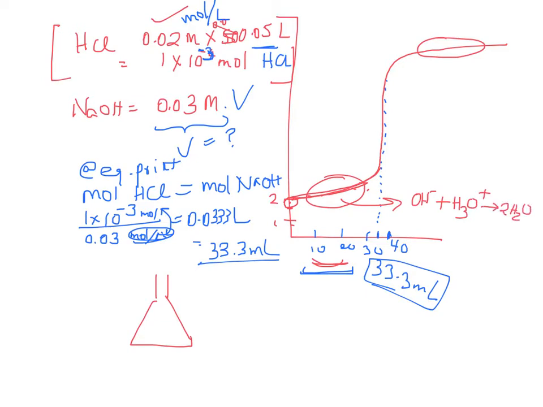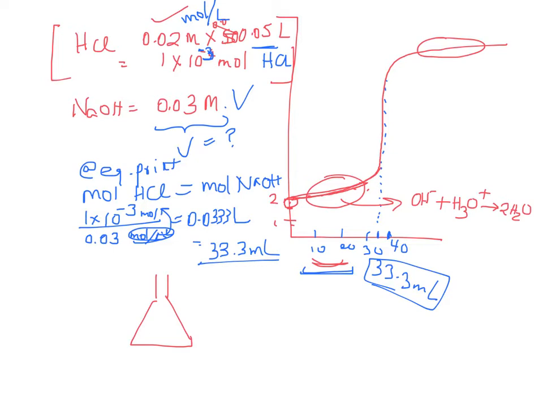Because this is a strong acid, strong base titration, this reaction is going to be driven all the way to neutralization towards the product side. So you can calculate the amount of hydronium ion at any point before the equivalence point by simply using the stoichiometric relationship that 1 mole of the hydroxide is going to neutralize 1 mole of the hydronium.